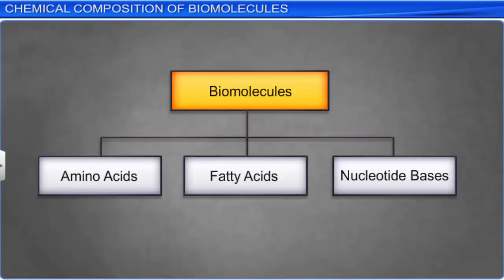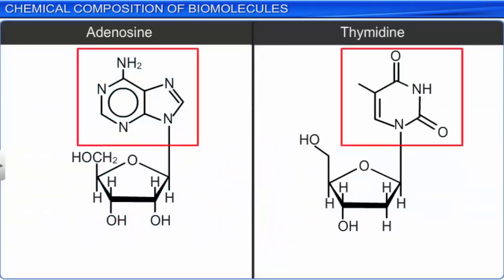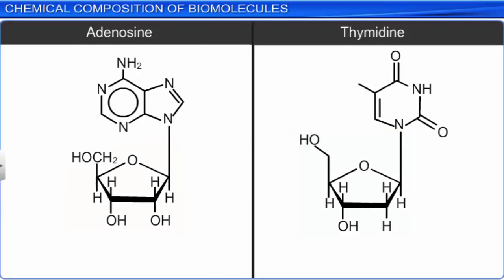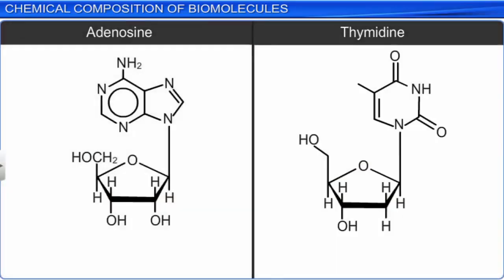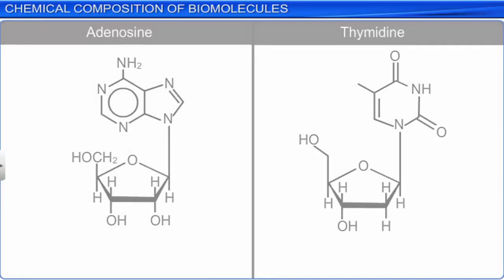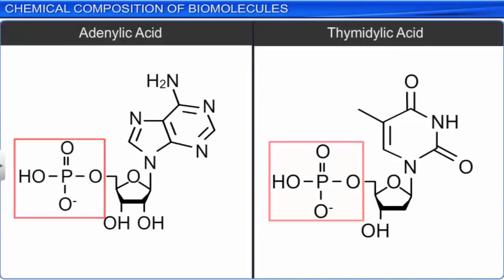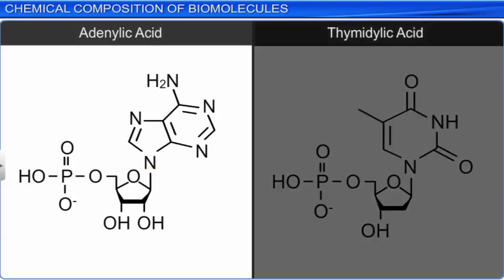When carbon compounds with heterocyclic rings are attached to a sugar, they are called nucleosides. For example, adenosine and thymidine. On the other hand, if a phosphate group is also found esterified to a sugar, they are called nucleotides, such as adenylic acid and thymidylic acid.